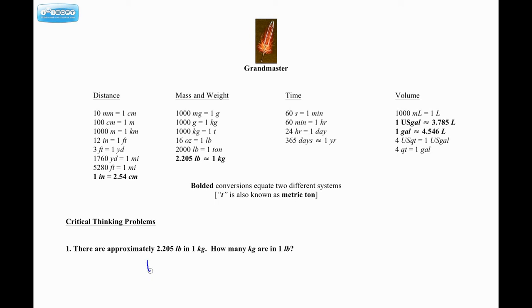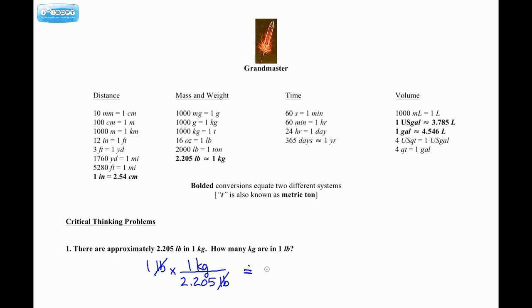So we have 1 pound times 2.205 pounds in a kilo. So the pounds cancel. Well, if you're just multiplying by 1, that does absolutely nothing. So really all we're doing is we're taking the number 1 here and just dividing it by 2.205, which is exactly the same as taking the reciprocal of 2.205.